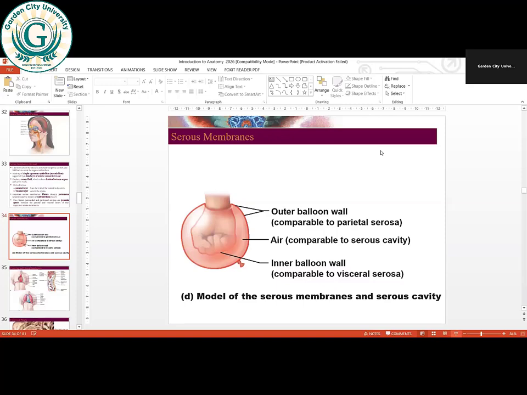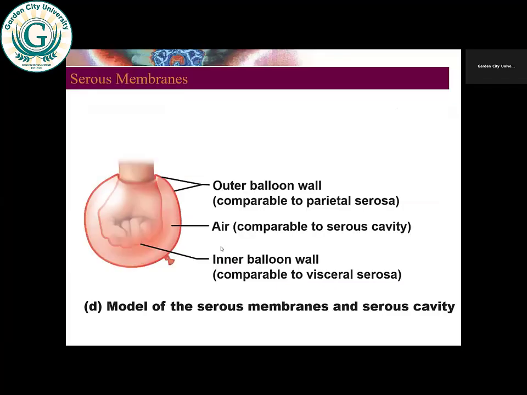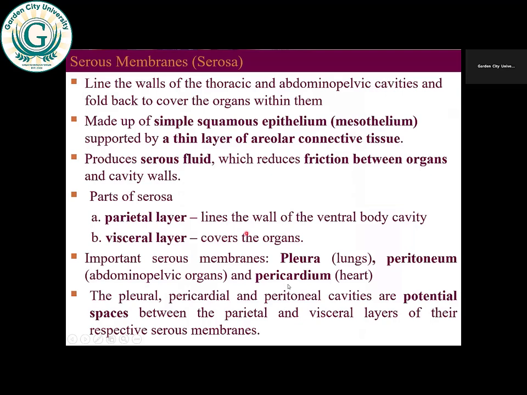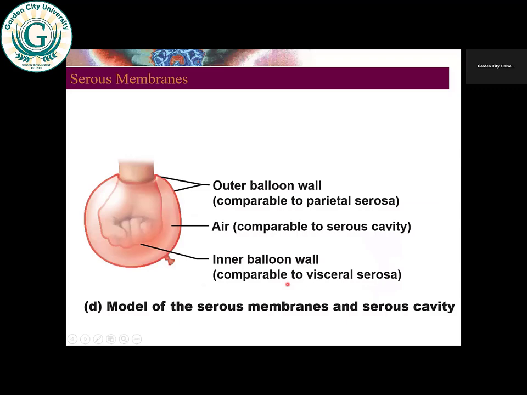So this is that. So we have membrane. So I think I use this one. This is the serous membrane or the serosa. The important serous membranes are the pleura, the peritoneum, and the pericardium.